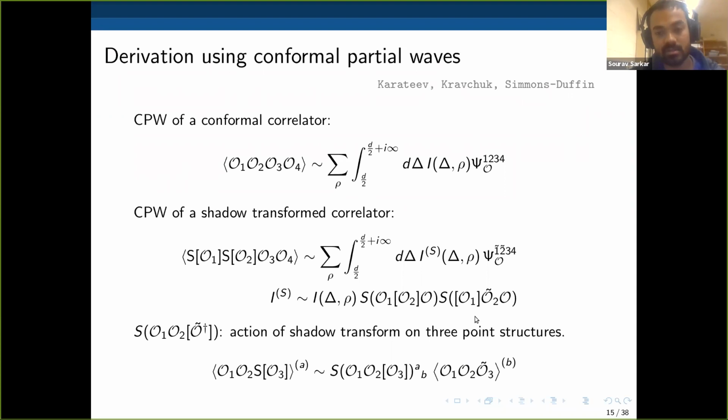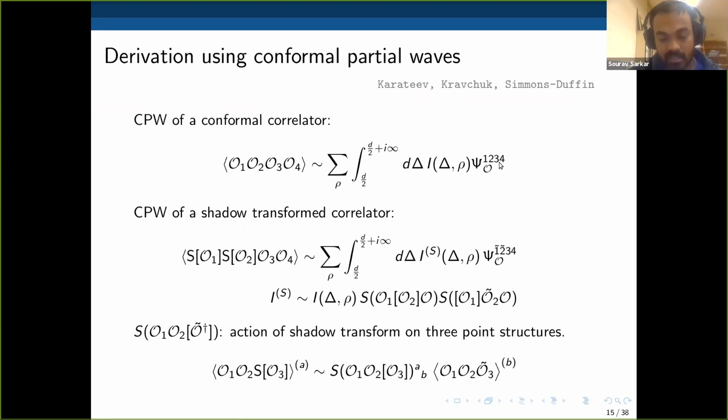Okay, so now let's look at the derivation briefly. We use a lot of machinery from a paper by these authors, and all of this calculation works for general spin, but I've suppressed all indices to reduce clutter.